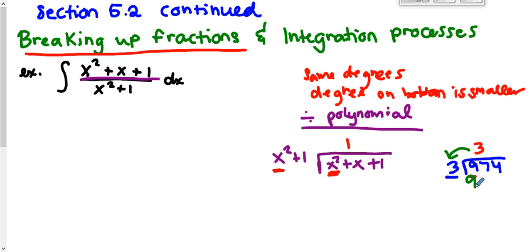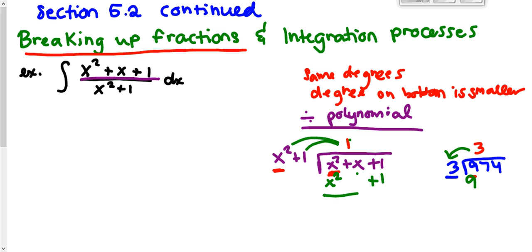So 3 times 3 is 9. So here, when we multiply, we actually have two things to multiply. So that plus 1 is just along for the ride, but it does get multiplied. So 1 times x squared is x squared. Then 1 times 1 is 1. And I'm going to put it under the whole number. I'm not going to put it under the x because those aren't like terms that I can combine.